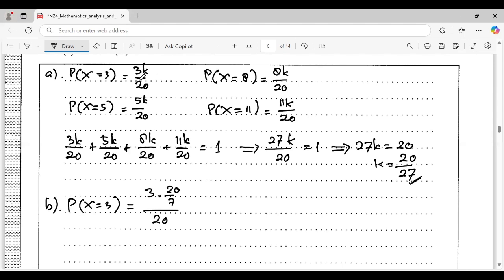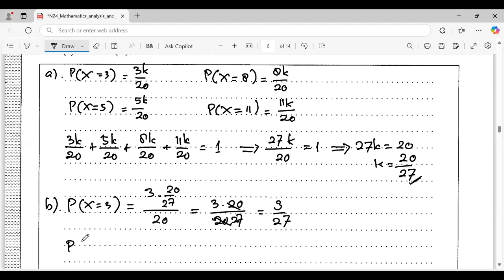Based on this result, it becomes 3 times 20 over 20 times 27, sorry, it's 27. Okay.